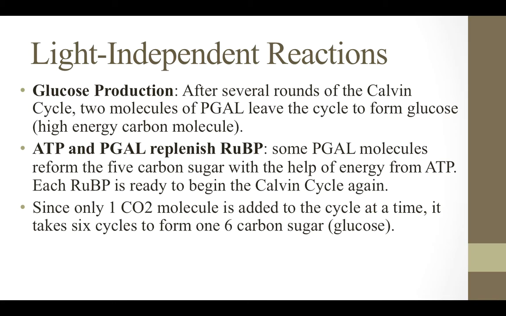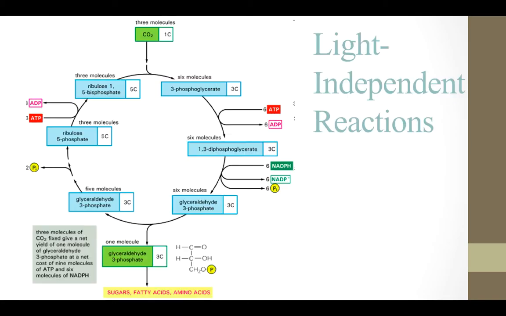Since only one CO2 molecule is added to the cycle at a time, it takes 6 cycles to form a 6-carbon sugar, glucose. So the cycle is occurring 6 times to make 1 glucose, the Calvin cycle.